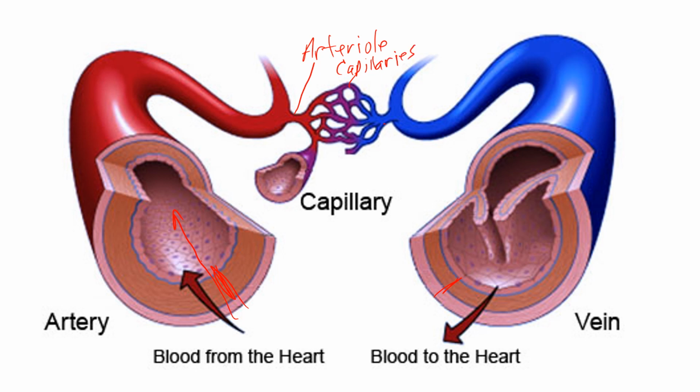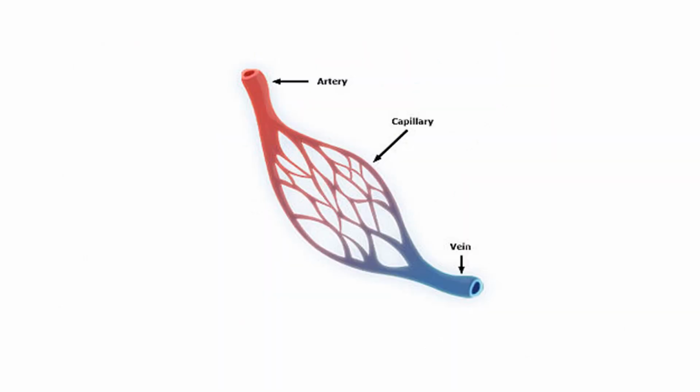Then we have some venules, spelled a little bit differently than veins, into veins, back to big veins. Notice the valves here in the veins, back to the vena cavas, to the heart. Right?